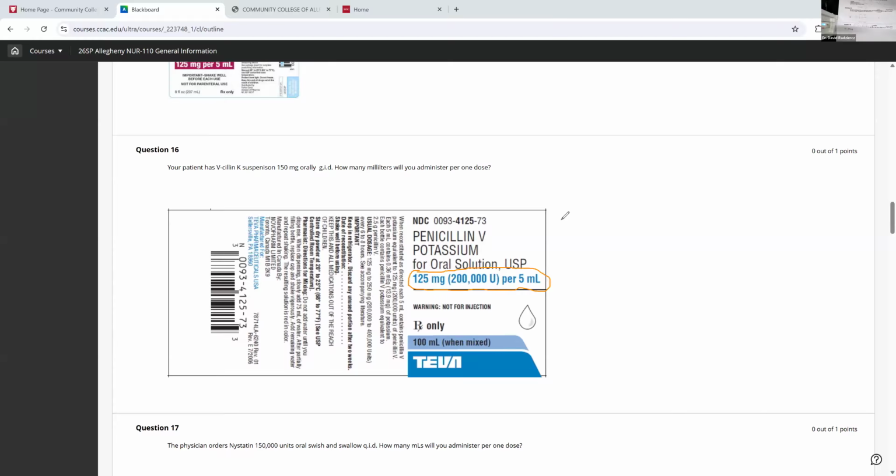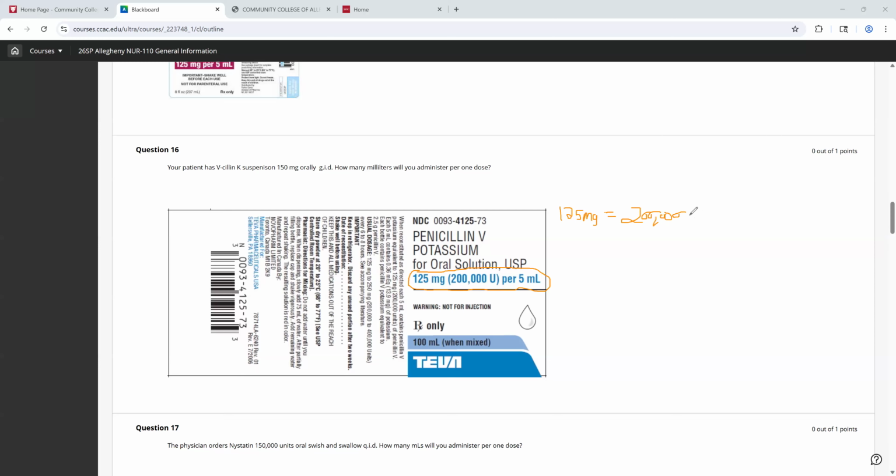So for this medication, what they're telling you is that 125 milligrams is equal to the 200,000 units.